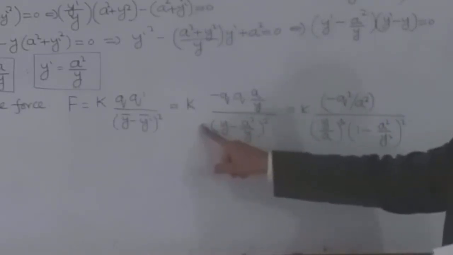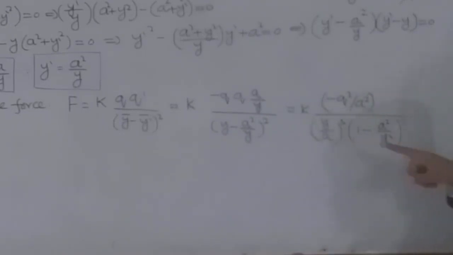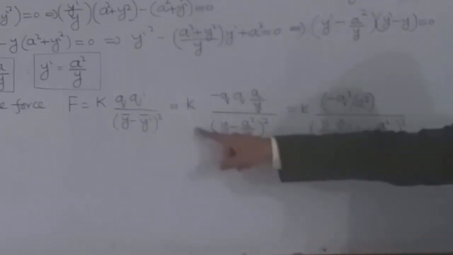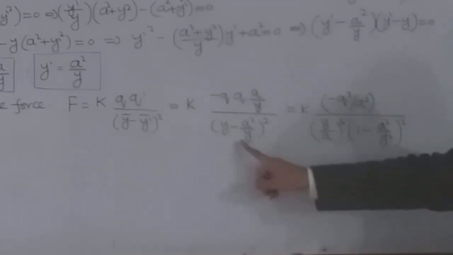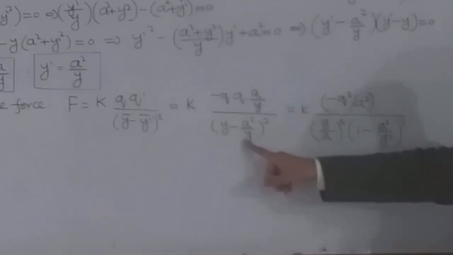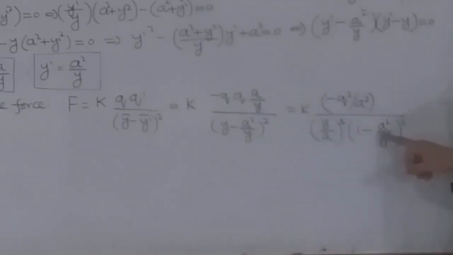Clear? It will become y cube. Then it will become 1, and this one a square over y square, because you take y common. This means you divide by y this one and this one. So this will become 1 and this will become y square. So a square over y square whole square.